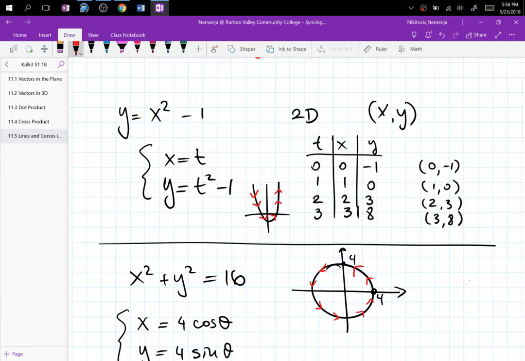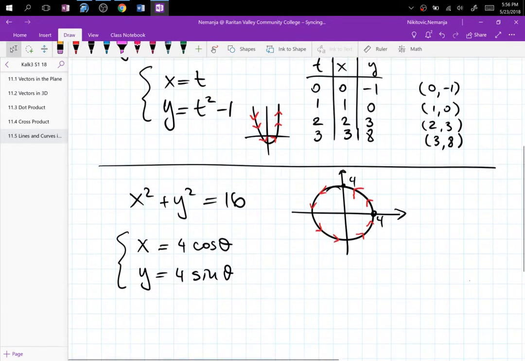That type of progression will clearly outline which point is first and which one is second and which one is third in the progression of motion. Now I can swap the orientation of motion by simply interchanging sine and cosine and leaving x and y where they are. So if I have x in terms of sine and y in terms of cosine, that would switch the rotation and progression into clockwise progression.